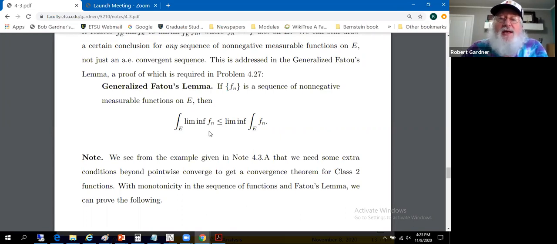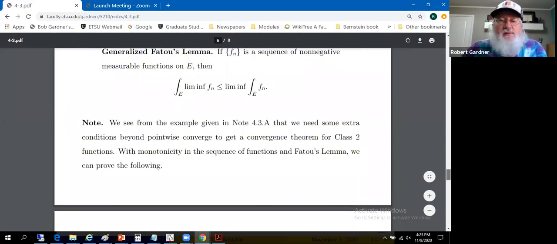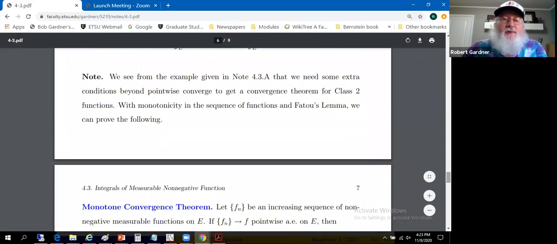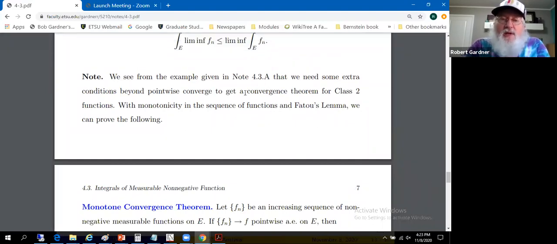But there's a generalization that simply doesn't put any conditions on the f sub n functions, like they converge pointwise to something or other. It just says they're class 2 functions, non-negative measurable functions. So about a convergence theorem, we see from that example above at the top of the page that we don't get away with convergence if we just impose pointwise convergence on a sequence of functions.